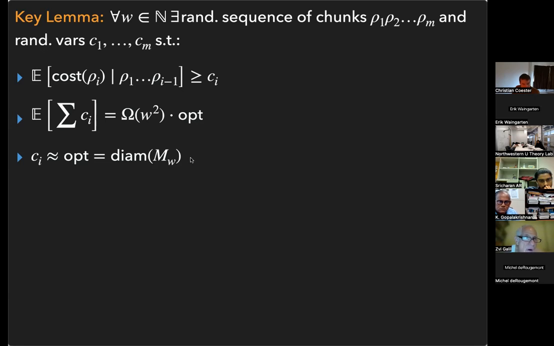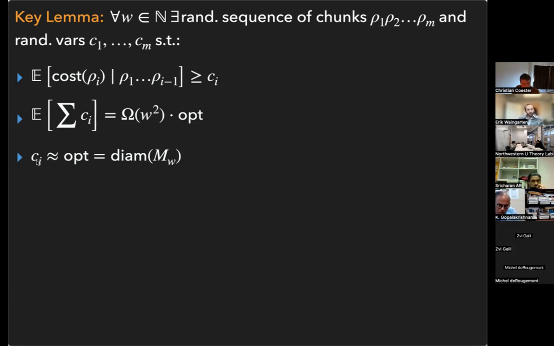And the other property we need in this lemma is that the lower bound for each of these chunks is roughly the optimal cost. By roughly, I mean it's up to some small constant factor, but it's actually a random number.